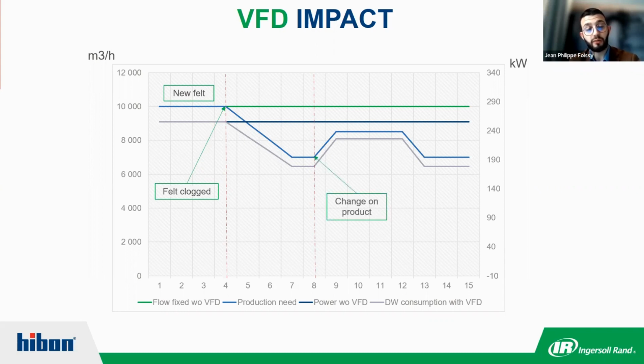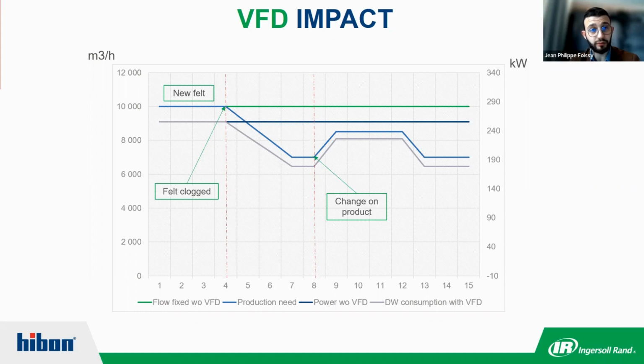We can see on the curve that it's going a little bit up. Why is it going a little bit up? Because you can have a change of product. I know it's not happening every day or every 3 days or something like that. But in any case, when you need a change of product, depending on the weight of the product, the speed of the machine, and all those parameters, the vacuum flow and the vacuum level are not exactly the same.